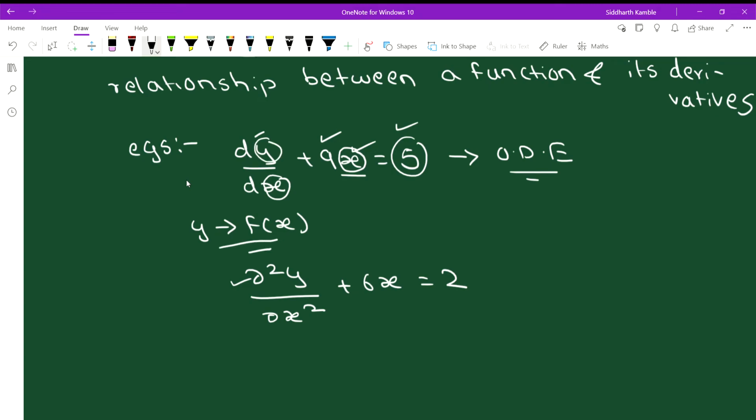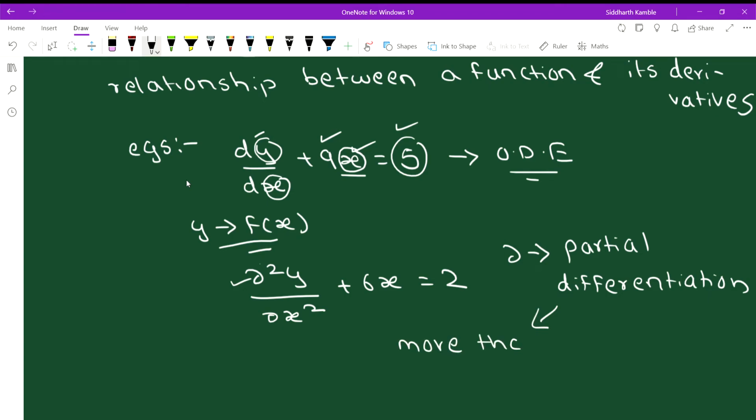On the other hand, when we use the symbol del, it denotes partial differentiation. And when do we use partial differentiation? It is used when we have more than one independent variable. Now this is the classification that we are going to study further.